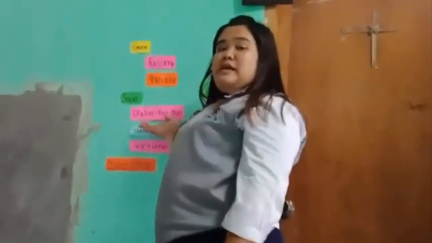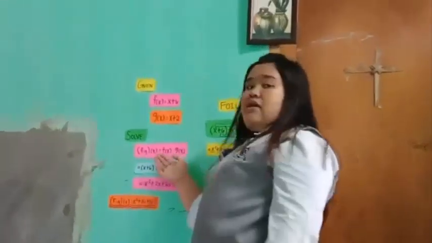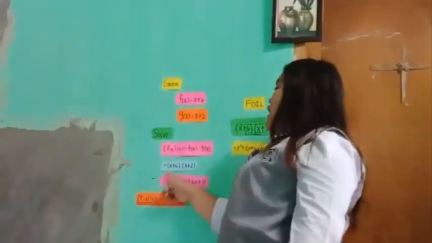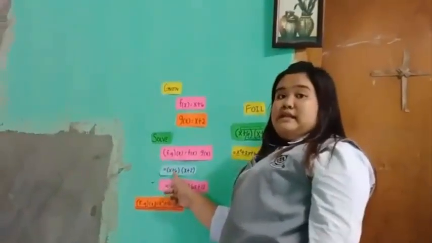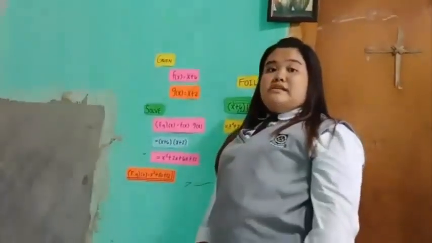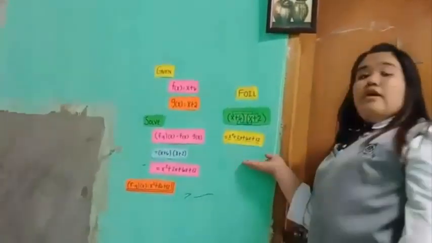Here is another example of multiplication of functions. The formula for multiplication of functions is f of x times g of x. The given are x plus 6 times x plus 2. Before we get the answer, we will do the FOIL method. Here is the FOIL method.